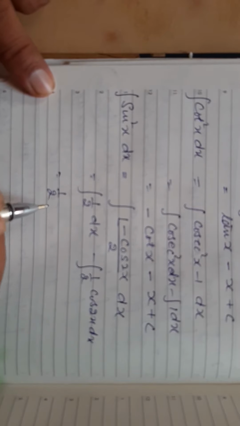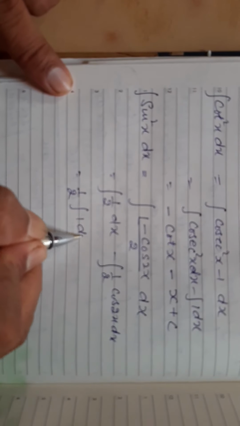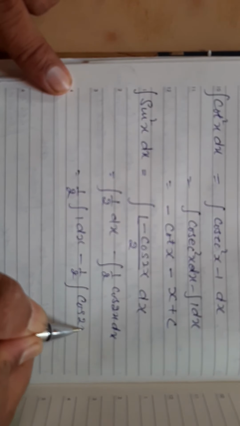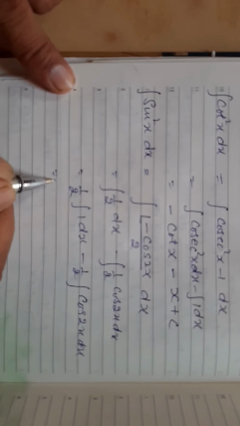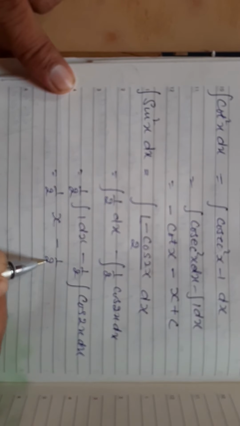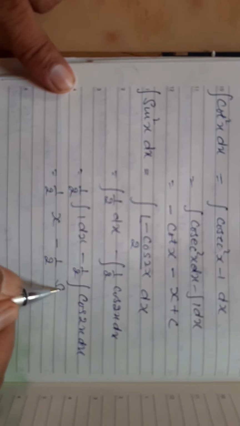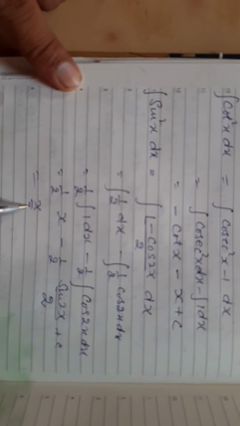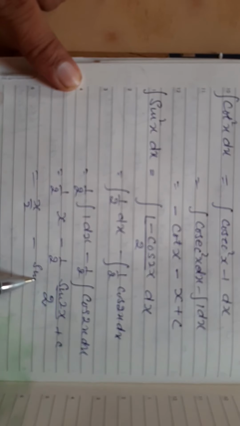Take 1 by 2 outside: 1 into dx minus 1 by 2, constant taken outside, cos 2x into dx. The integration of 1 is x, minus 1 by 2 times the integration of cos 2x, which is sin 2x divided by the coefficient of x, plus c. So we get x by 2 minus sin 2x upon 4 plus c.